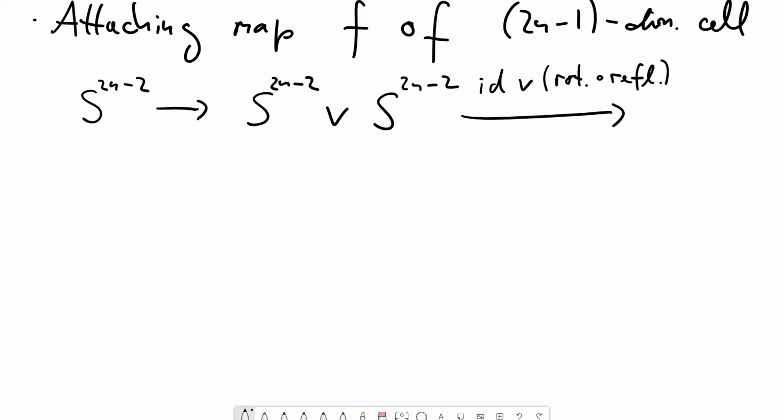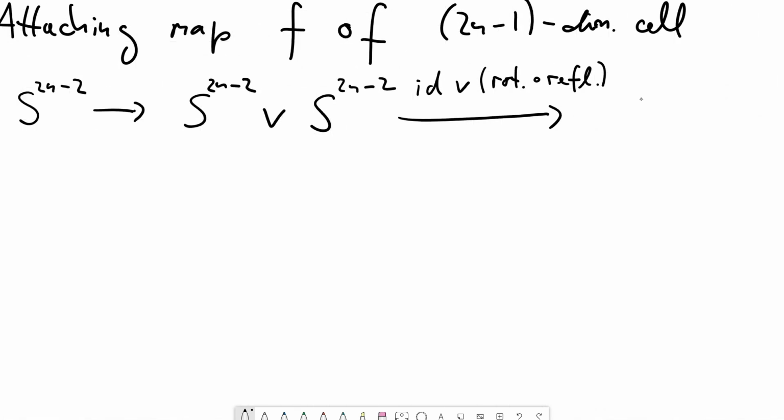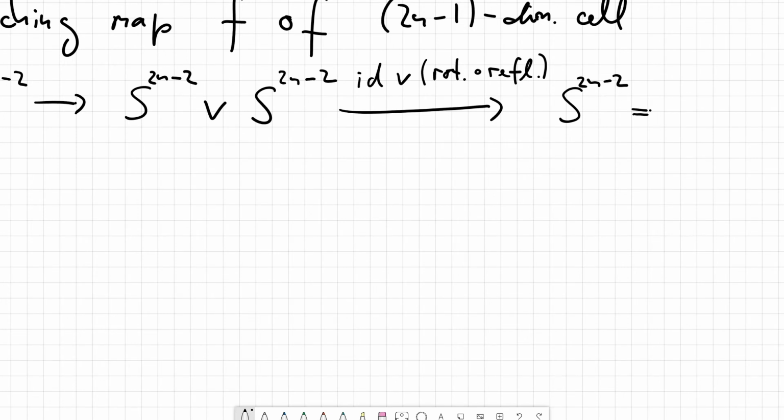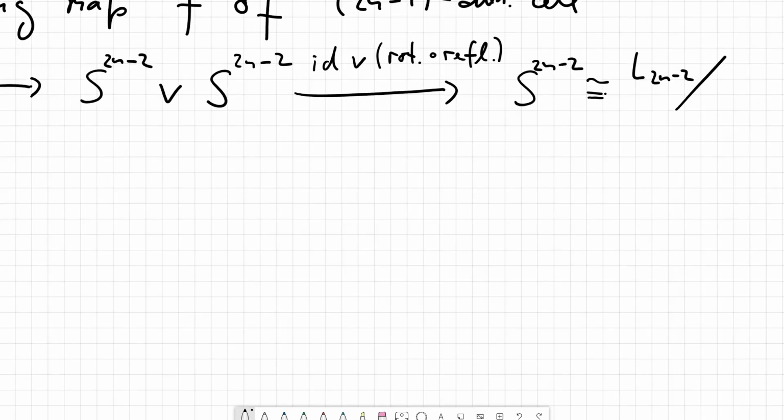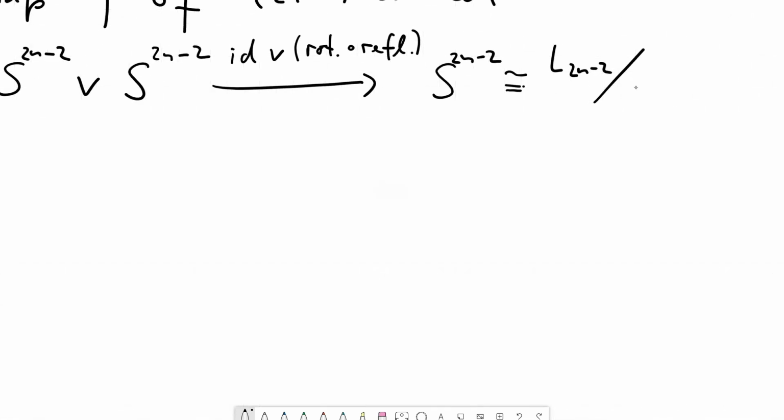And from there I go to the 2n-2 sphere, which I obtain by collapsing all but this one 2n-2 dimensional cell in the lens space. So this is homeomorphic to L^(2n-2), the 2n-2 skeleton of our lens space L, modulo everything but this one cell.